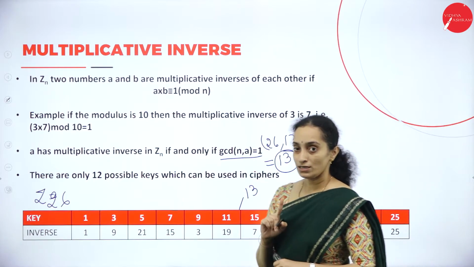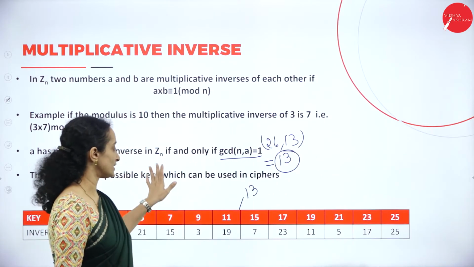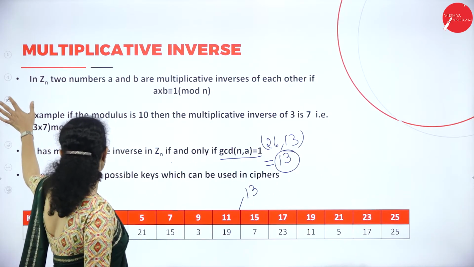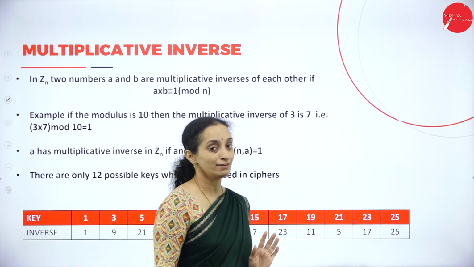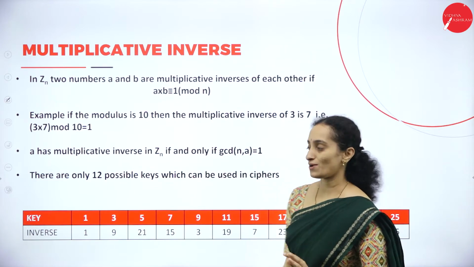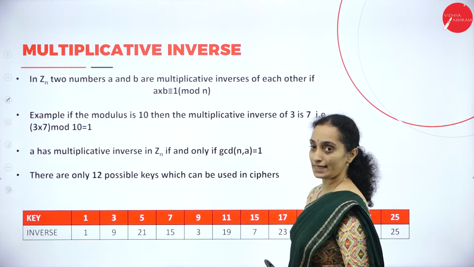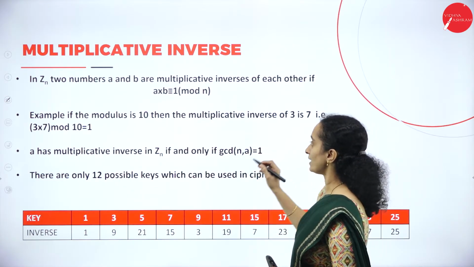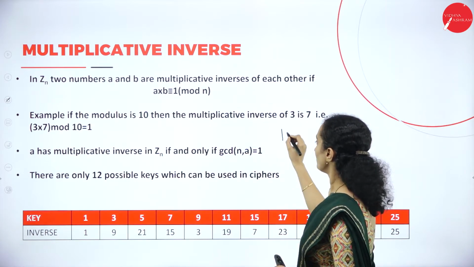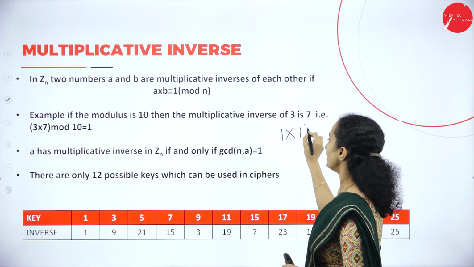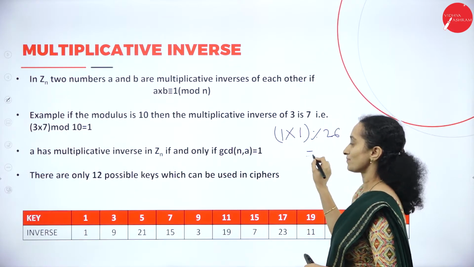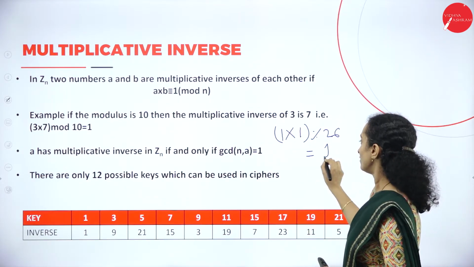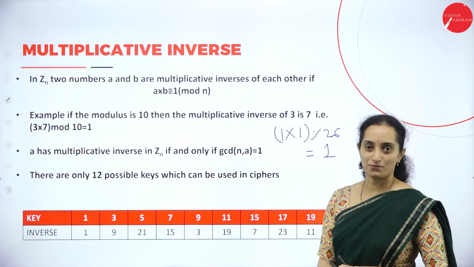If you check whether it is correct or not, let's have a counter check. We don't agree to anything without checking, is it not? So we have the key 1. How do you check? 1 into 1 modulo 26 will give you 1.